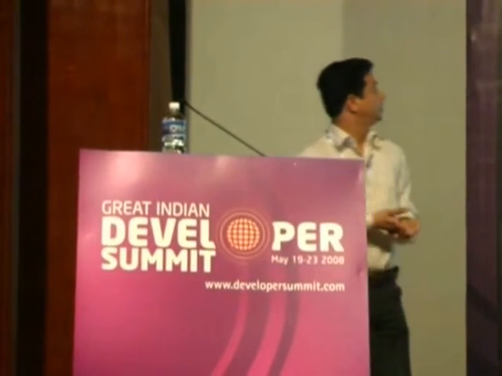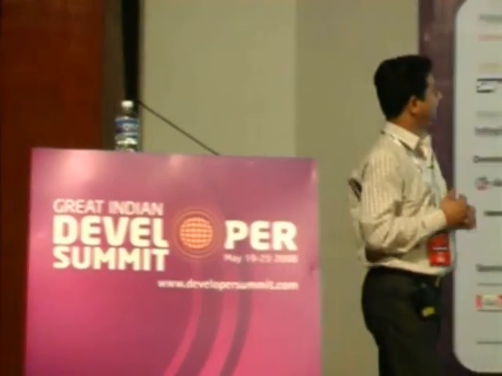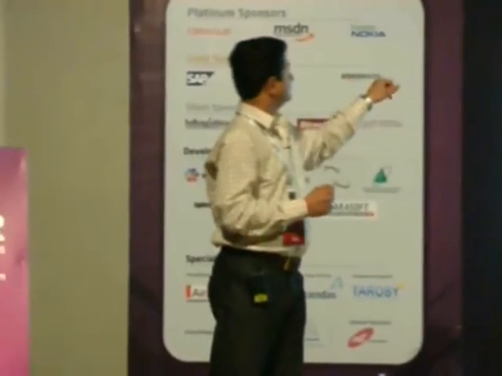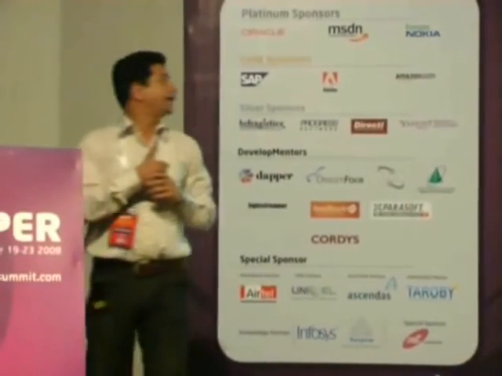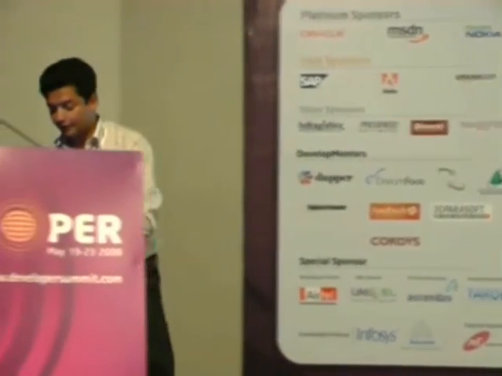So here is the com.developersummit.ambien domain. And within this domain, I have my MBean, which was called memory. And the interface was MemoryMBean.